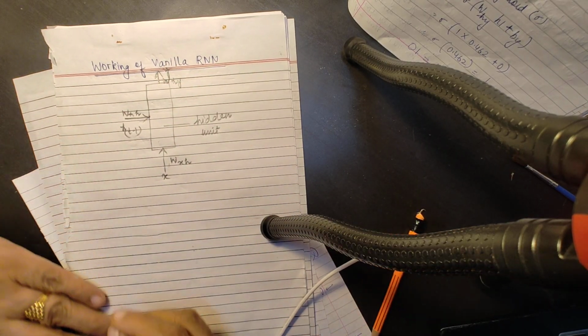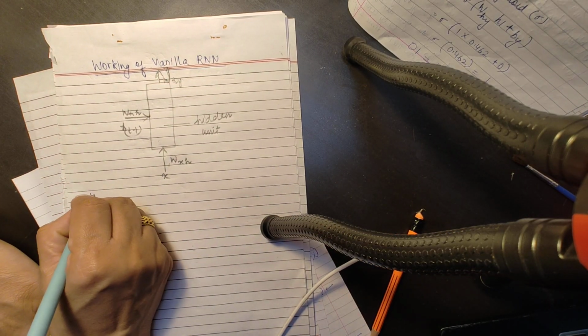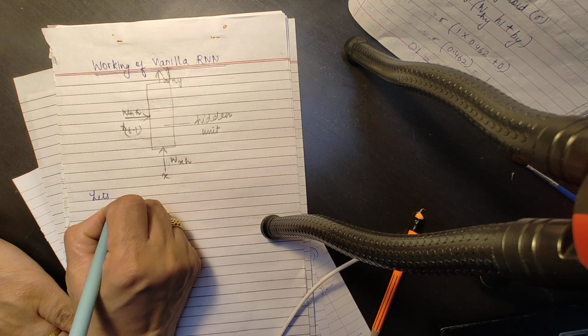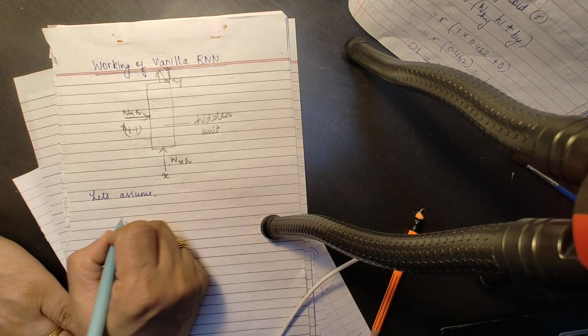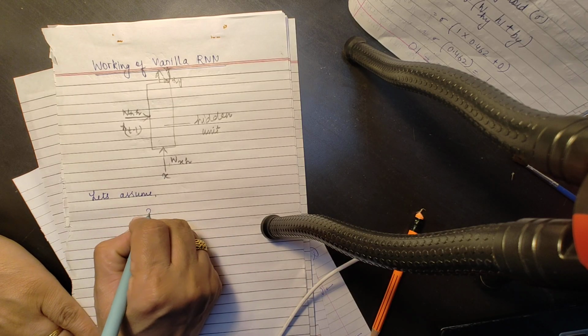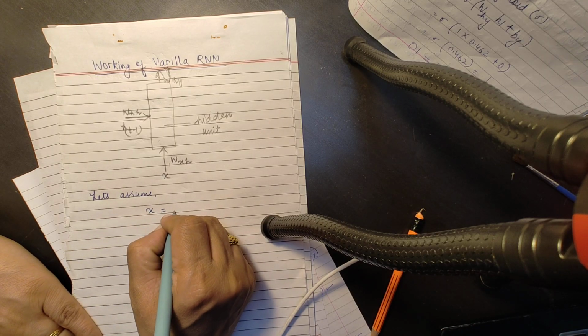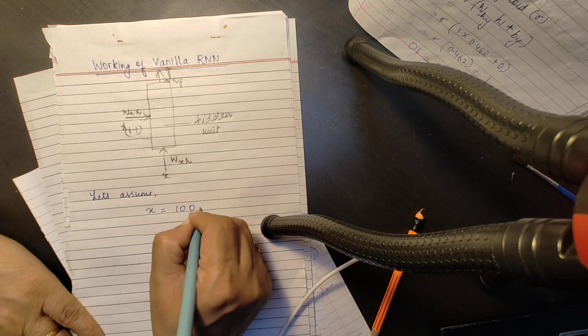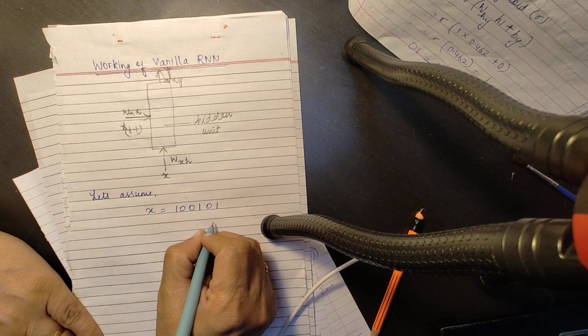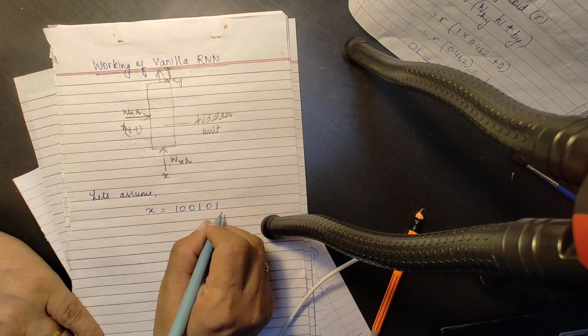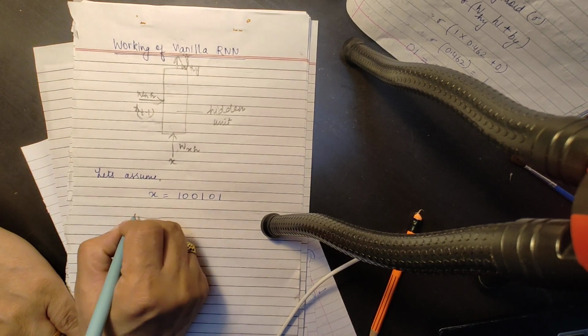To understand it, let's assume one numerical. Let's assume we have been given this sequential data, and we want to predict the output at each of these inputs.